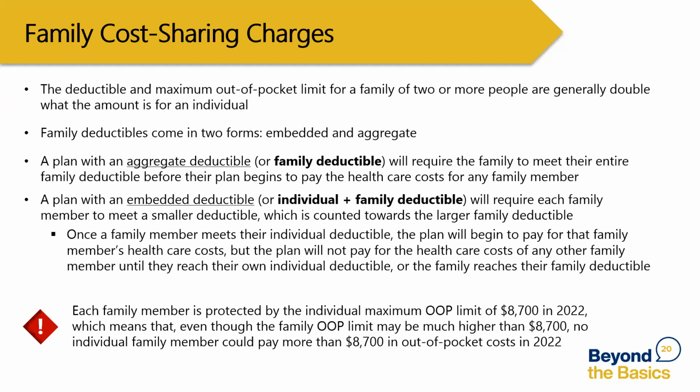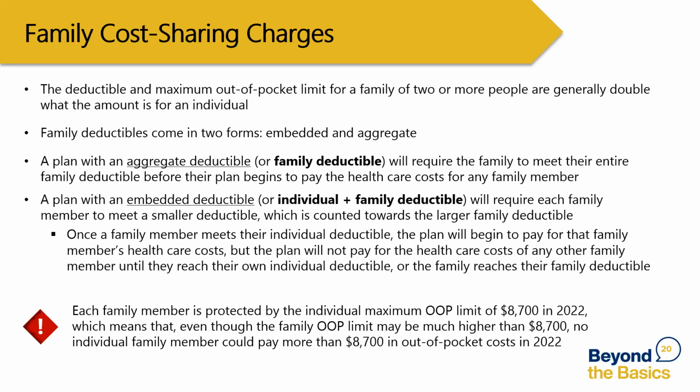Once a family member meets their individual deductible, the plan will begin to pay for a portion of that family member's healthcare costs. But the plan will not pay for the healthcare costs of any other family member until they reach their own individual deductible, or the family reaches their overall family deductible.